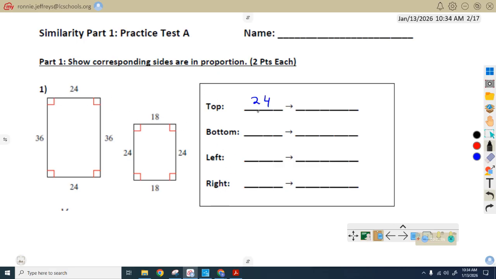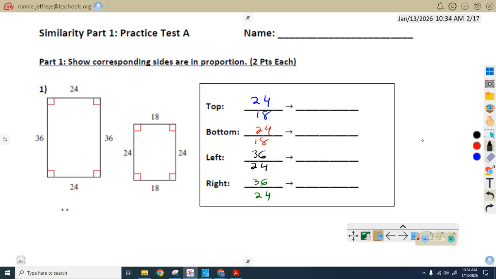So 24, 18. And then 24 up over 18. And then 36 over 24, and then 36 over 24.